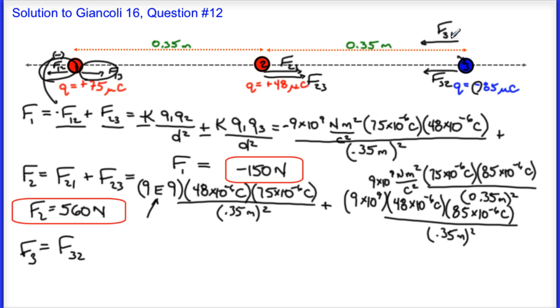So both forces should be negative in direction because they're pointing to the left. So that becomes negative F32 plus negative F31, or I can just write minus F31. And when I plug all those numbers into my calculator, I should get a net negative, or to the left, of 420 newtons. And that's my net force on charge number 3.